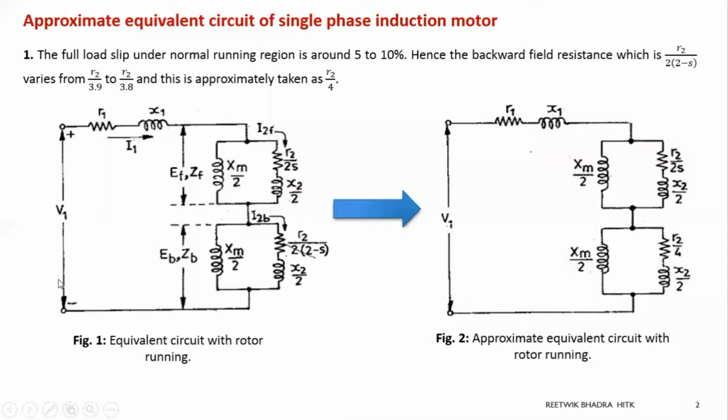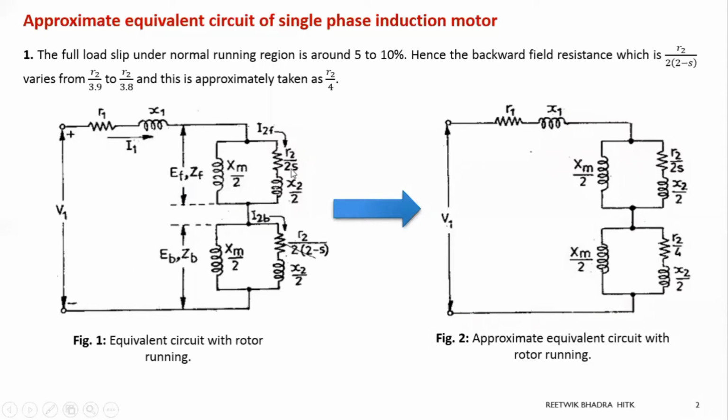On the left hand side, we are seeing the actual equivalent circuit which we had studied. It had the stator side R1 and jX1. Then the rotor side was divided into two parts, one because of the forward field and one because of the backward field.